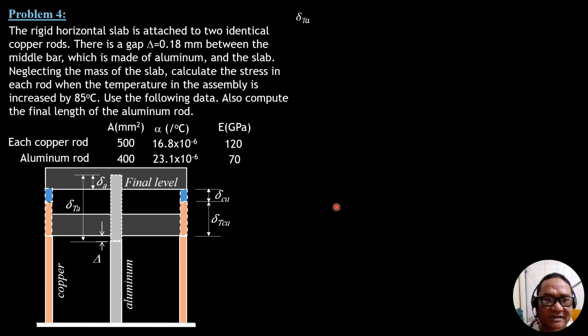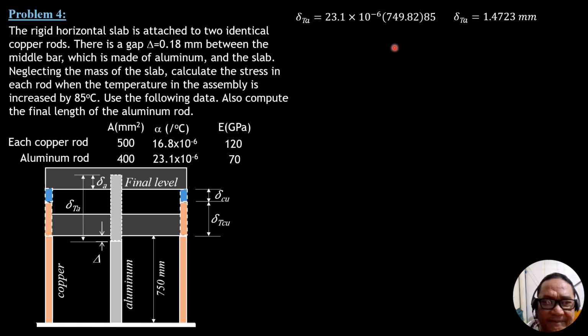So these are the properties. Therefore, this is the equation. Delta T of A equals alpha, 23.1 times 10 to the negative 6, times the length of the aluminum, which is 749.82, or 750 minus delta 0.18, then delta T is equal to 85, so it is equal to 1.4723 mm.